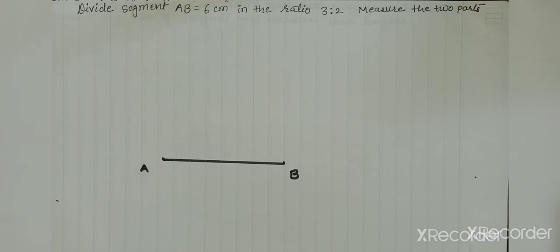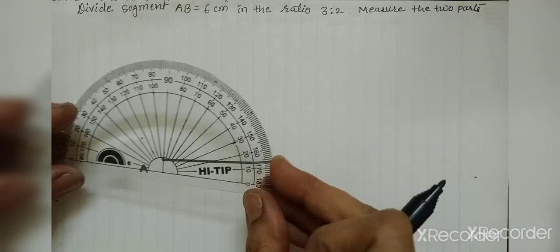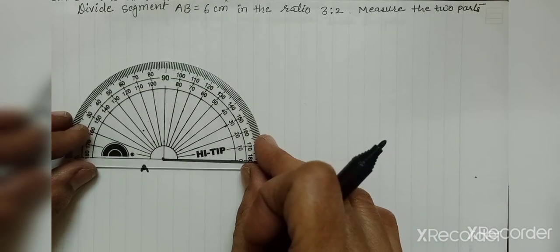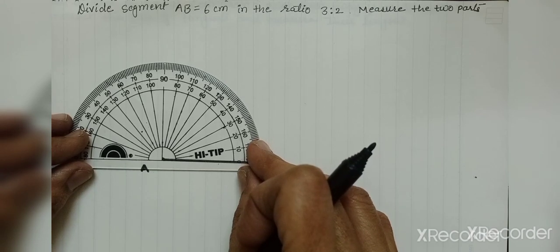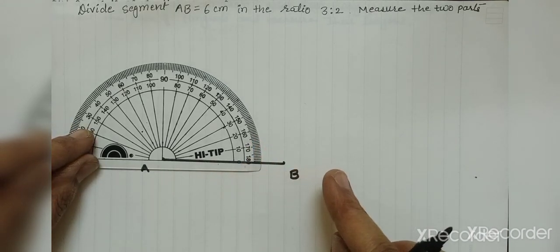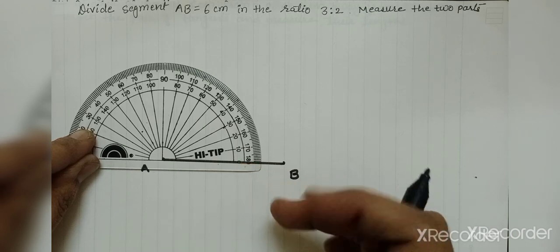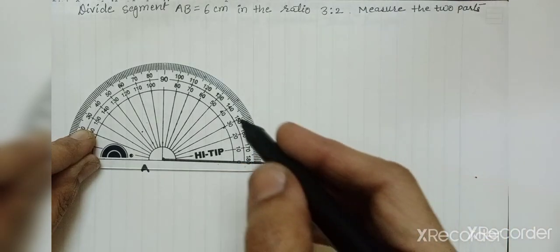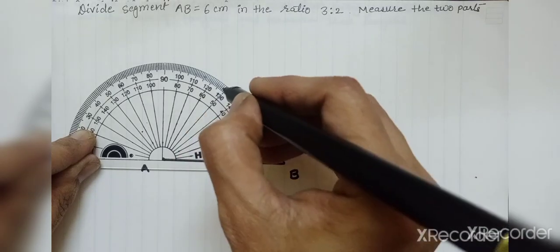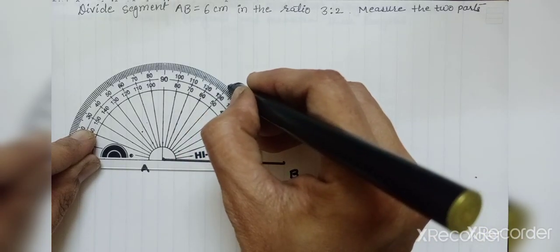Now with the help of a protractor, you draw an acute angle. Now keep the protractor on this point A. Now the segment is along the right hand side. So start from right hand side 0 and you can take any acute angle. So let me take a 50-degree acute angle.